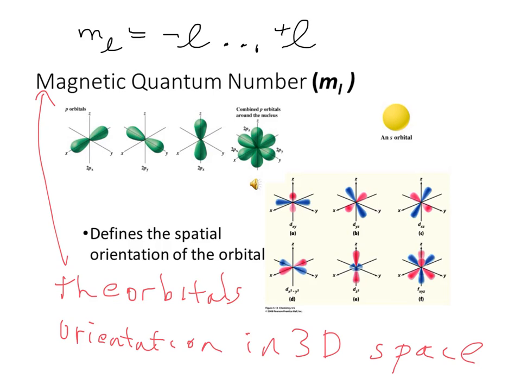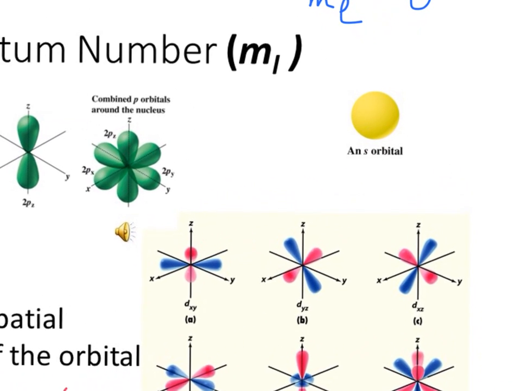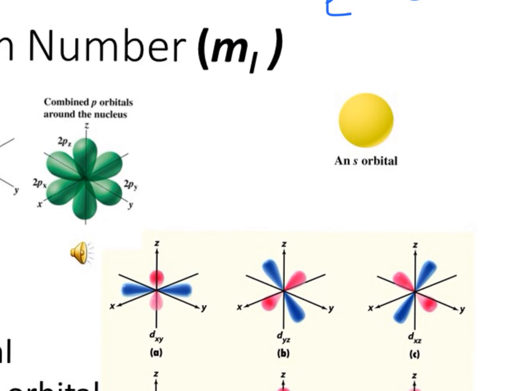So if L equals 0, then what's the only possible value for m sub l? 0. And we said if L is 0, then we're in the S sublevel, which means that we have a spherical shape or a spherical orbital. How many ways can you twist or turn a sphere in space?